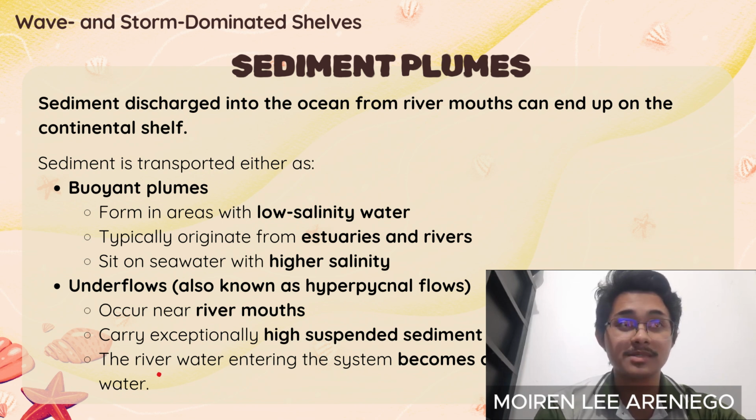Usually, these plumes don't extend past the inner or middle shelf before being transported parallel to the coast by the Coriolis force. There, the suspended fine sediment gradually settles to the shelf floor as the ocean gets calmer.